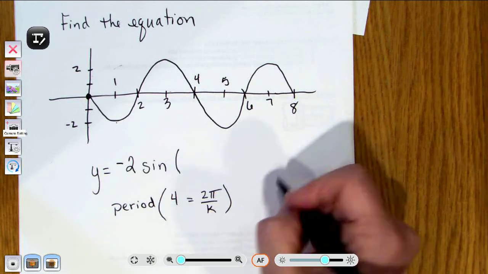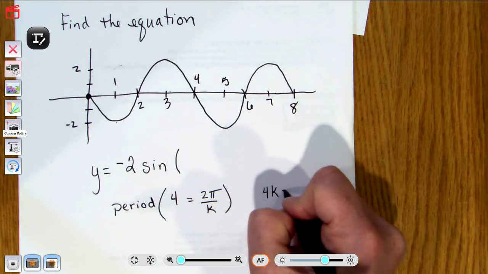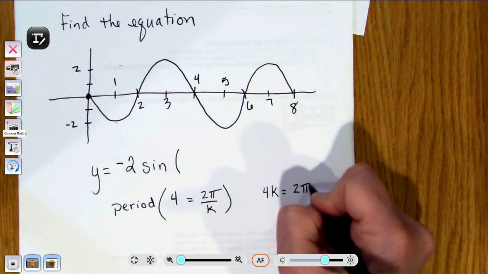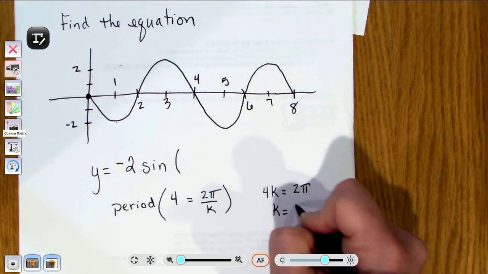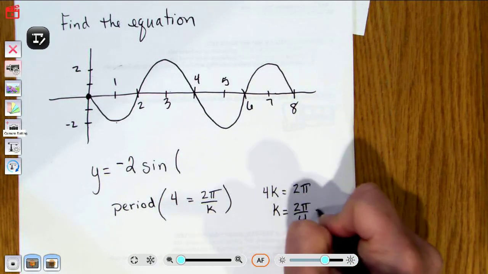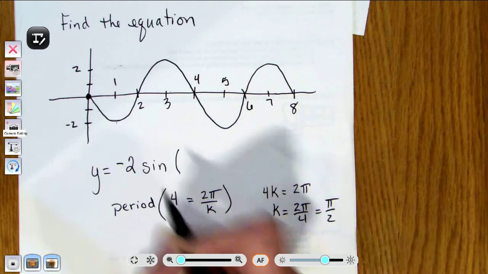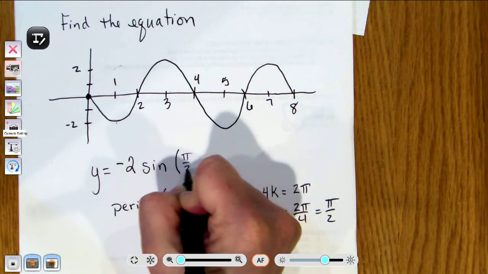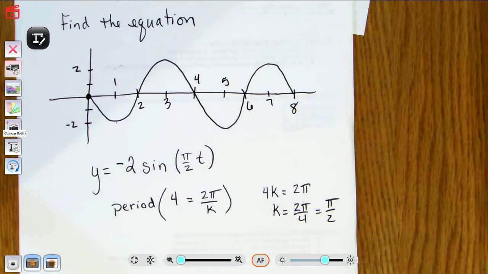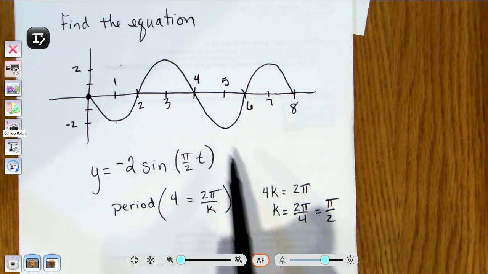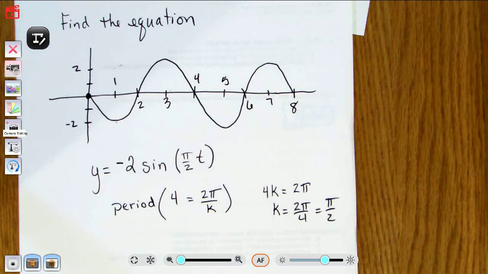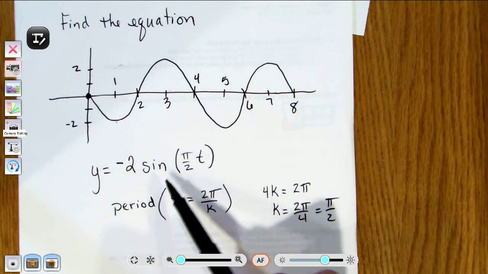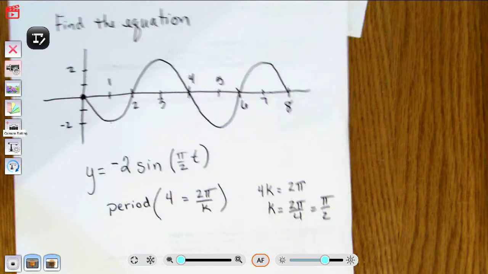So multiplying both sides by k, and then dividing by 4. That's going to tell me the number that's going to be out in front of that variable inside here. So this is the function that represented that curve. Again, pick off the little pieces as you go.